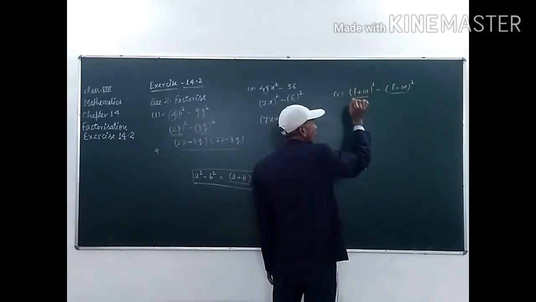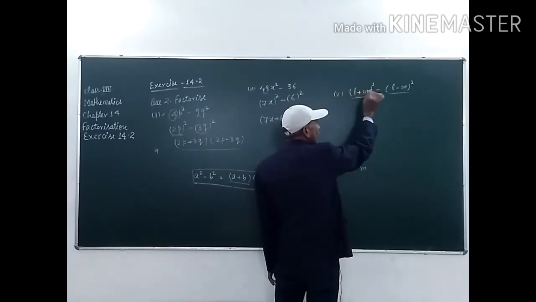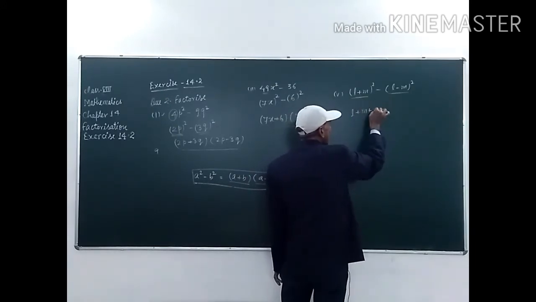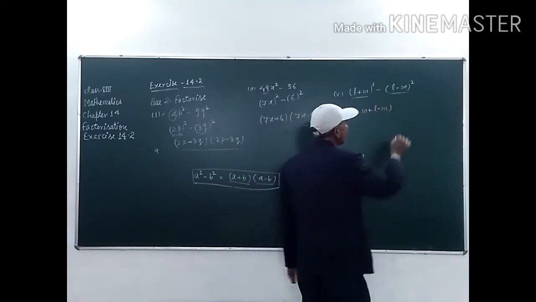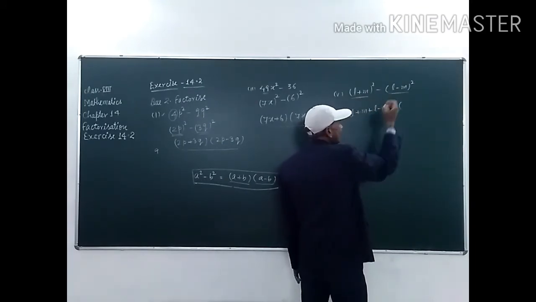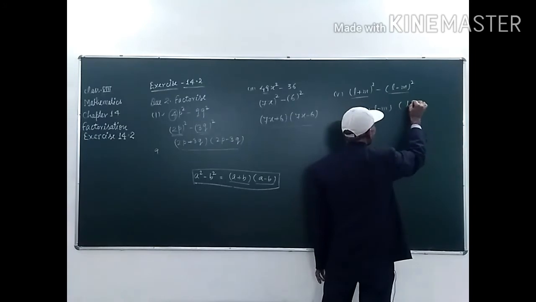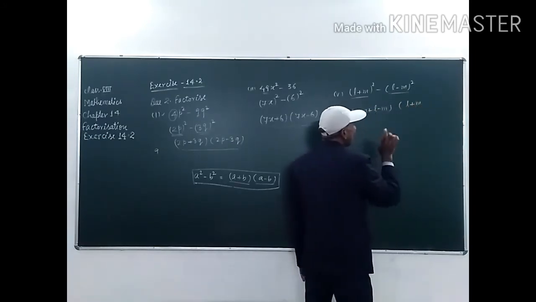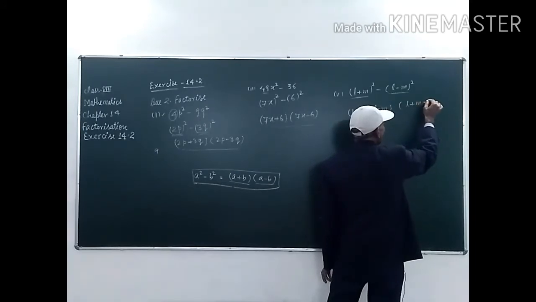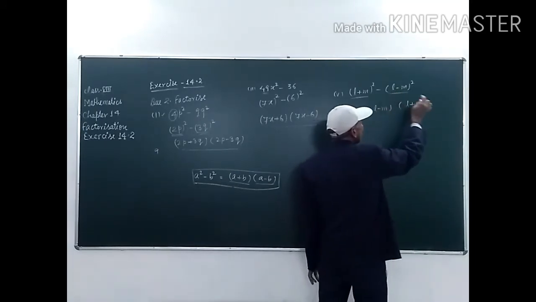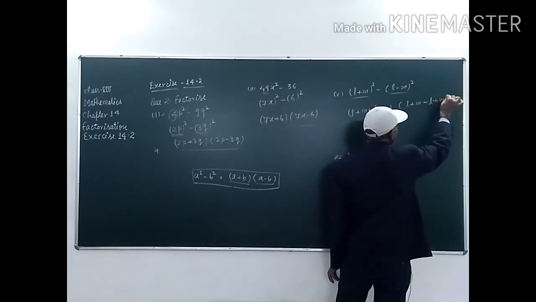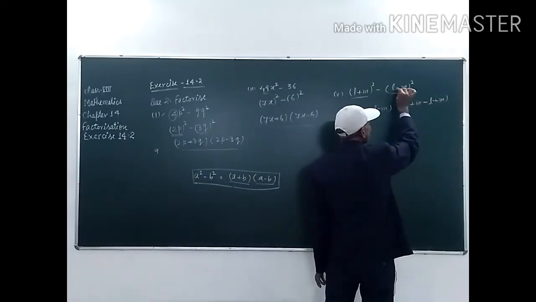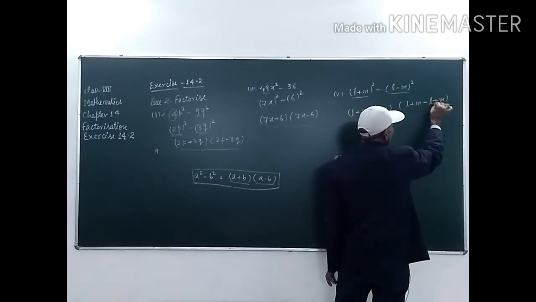So, first, in the first bracket you will write A plus B, means L plus M plus L minus M. And in the second bracket we have to write A minus B, that is L plus M, this one is A, and minus, if we put here a negative sign, then it will be negative, minus L, and negative will be positive, that is M. If we multiply this negative, then it will be positive here, student.